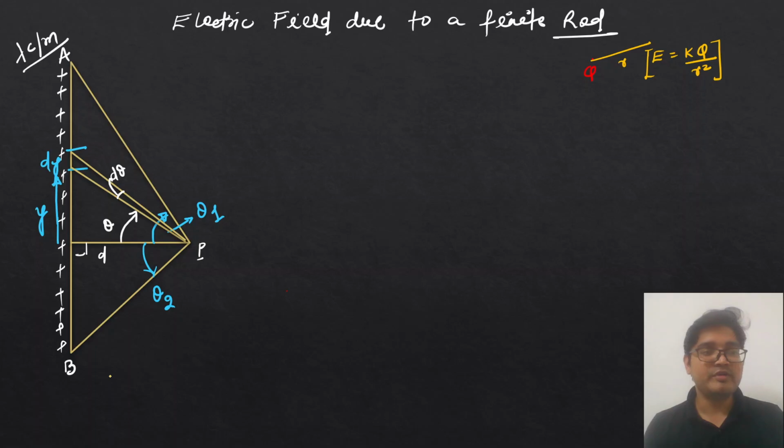So what I will do is I will consider a point charge at a y distance from here, and I will take a further distance of dy, which is very small.